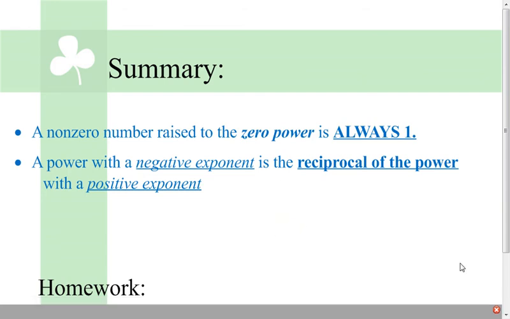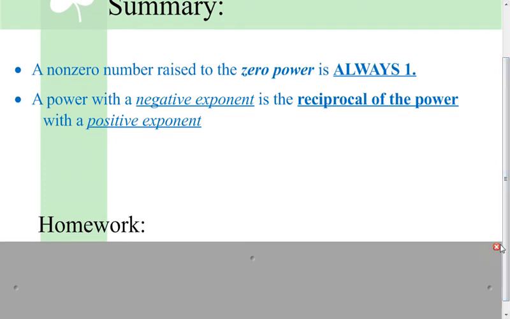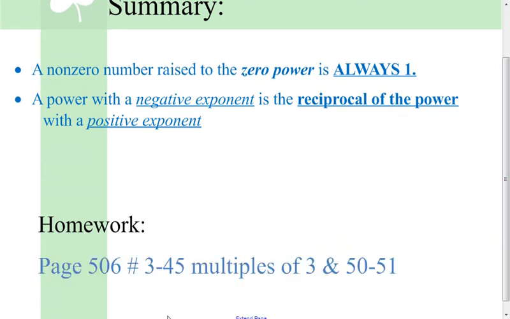Okay. So, homework. These problems you should see are fairly quick, so don't be freaked out by the numbers. We're going to modify this slightly. It says page 506, so you actually need to get a textbook. Depending on how much time is left in class, you can get a textbook and get it started now.